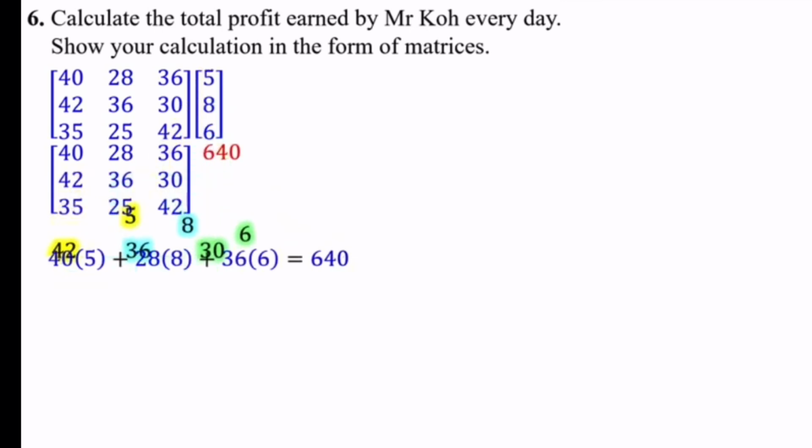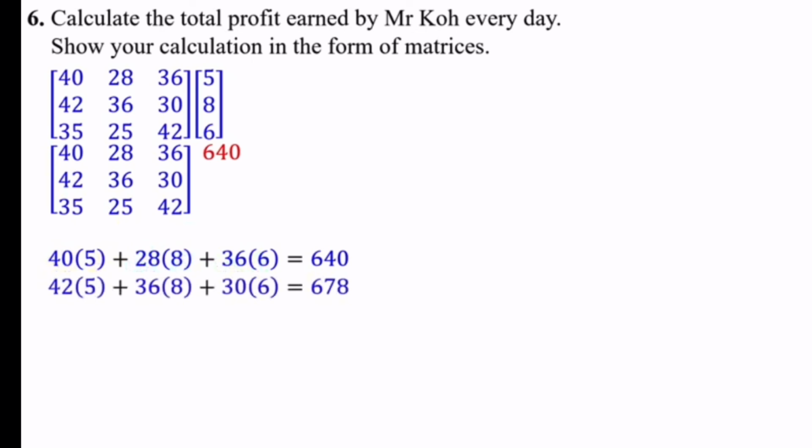And for the next row, 42 times 5 plus 36 times 8 plus 30 times 6, which is 678 as profit. Okay, then for the last one is 35 times 5 plus 25 times 8 plus 42 times 6, and the total is 627.